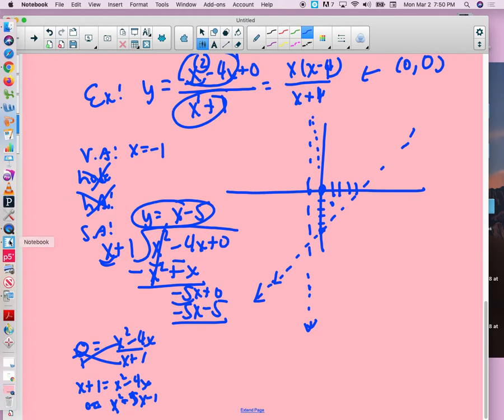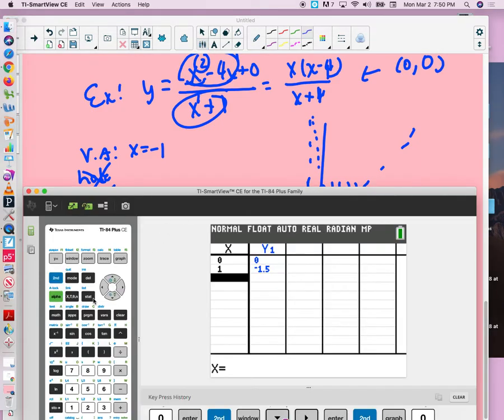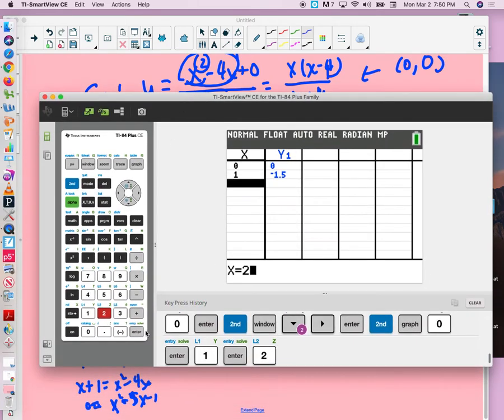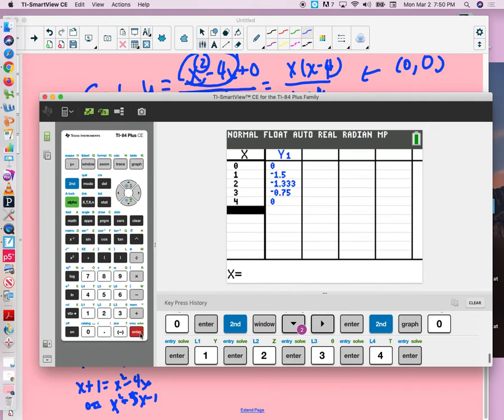So let's fill in 2. I'm going back to my calculator. I'm going to fill in 2. And I get negative 1 1/3. If I fill in 3, I get negative 3/4. If I fill in 4, I get 0.